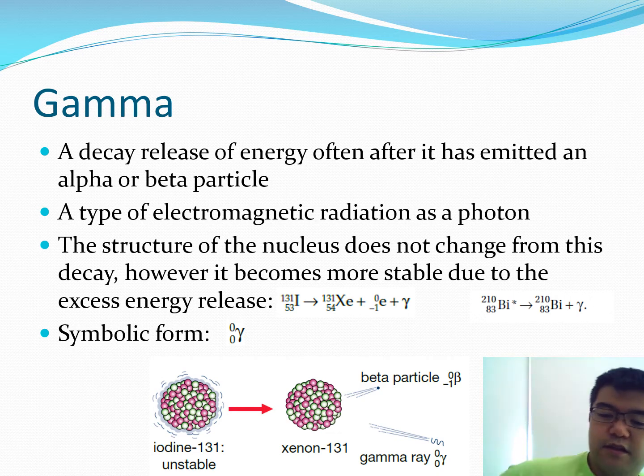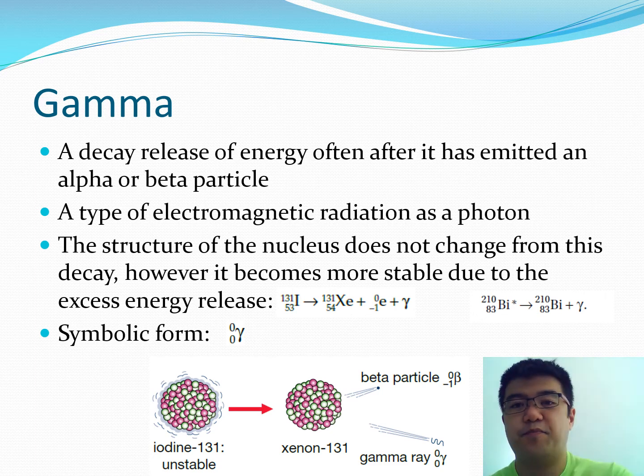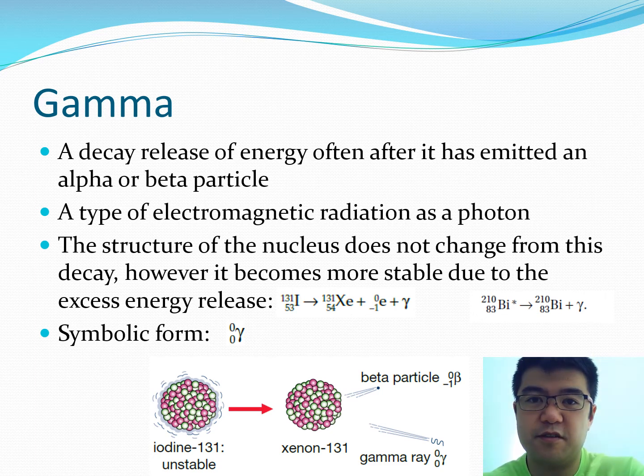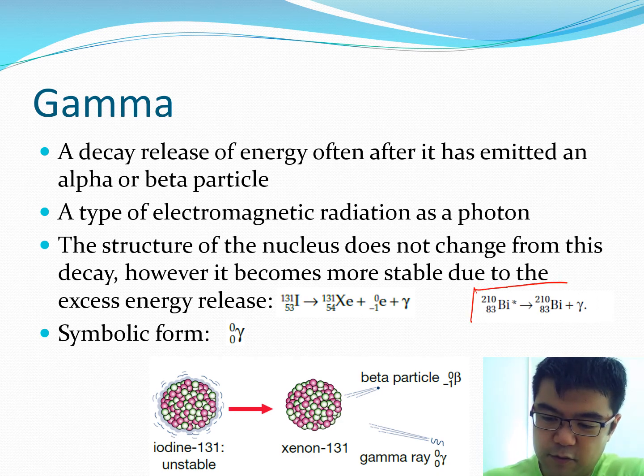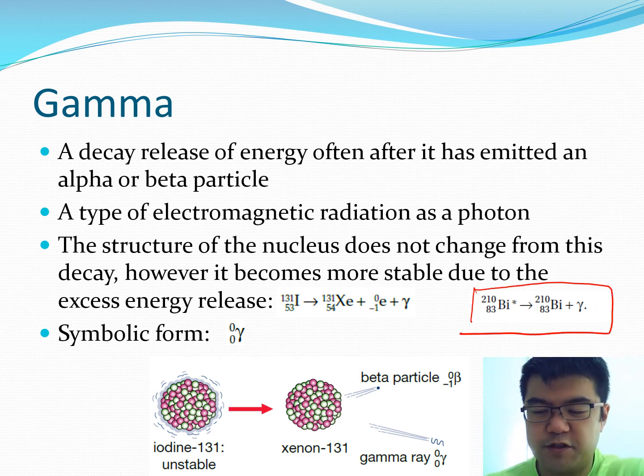Now, it doesn't change the structure, but it does stabilize it in terms of the amount of energy. So one of the ones that we had at school for display, which unfortunately doesn't really work anymore, is bismuth, and bismuth releases gamma radiation.